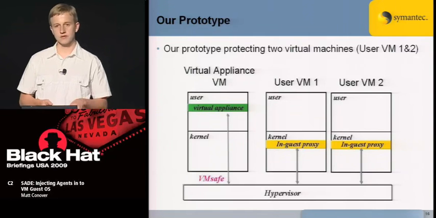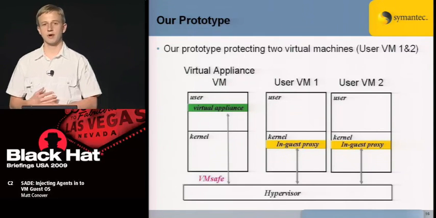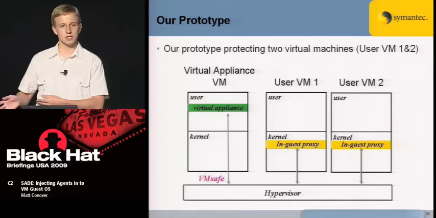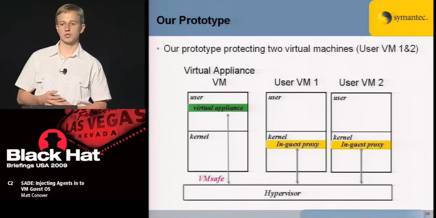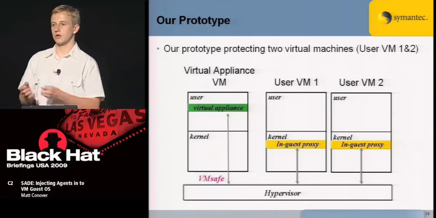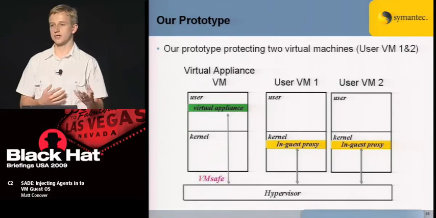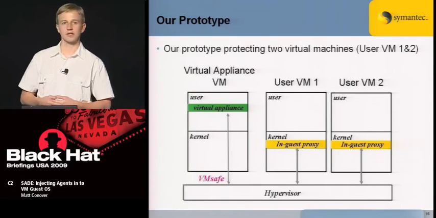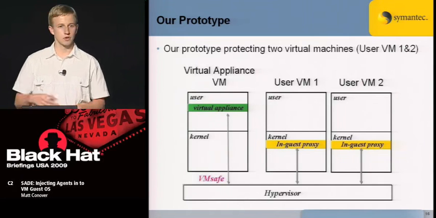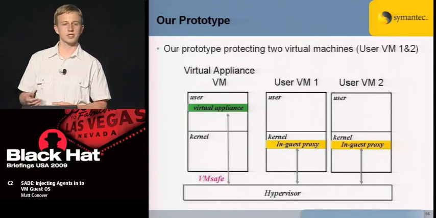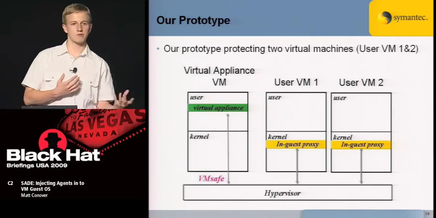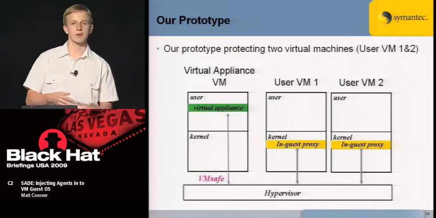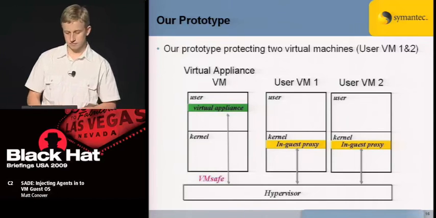And we use VMSafe to communicate with the VMware hypervisor, and whenever one of these user VMs, which we are protecting, is going to be loaded, we will get an event from the hypervisor. So we register ourselves with the hypervisor, and then we have a channel of communication with it. Whenever various events happen, the hypervisor will inform us and give us a chance to do something before the event happens.